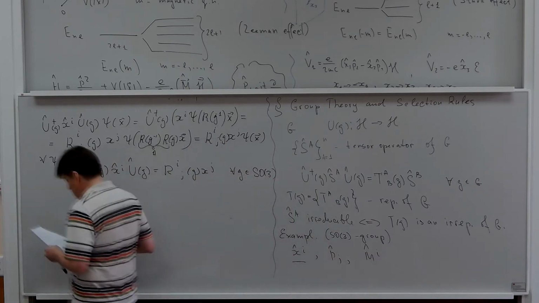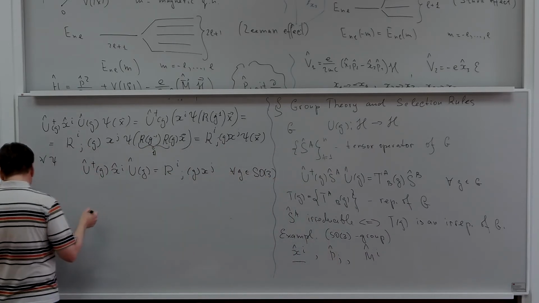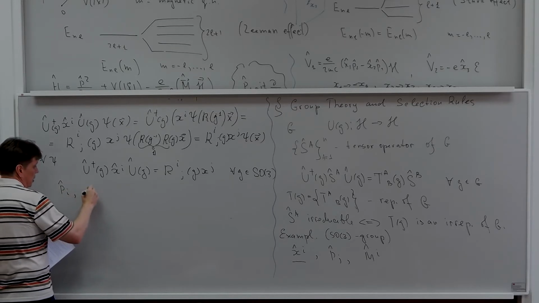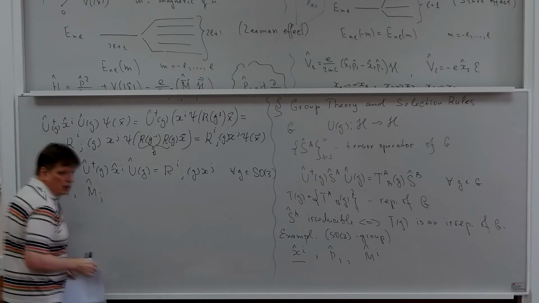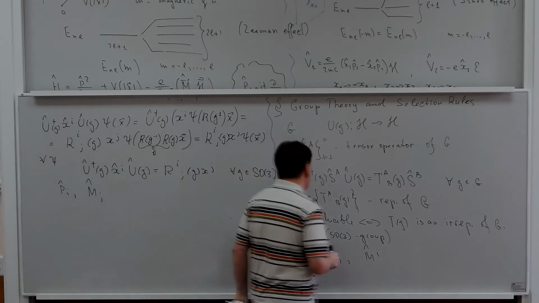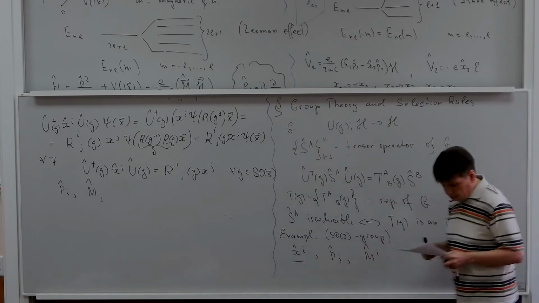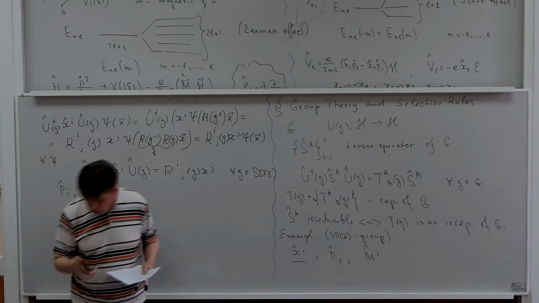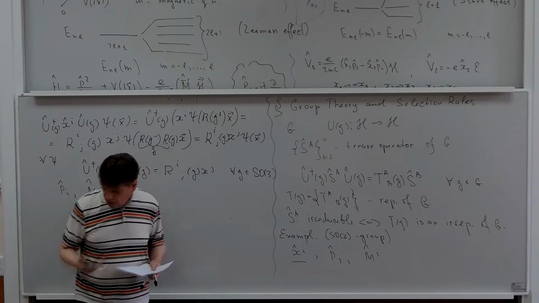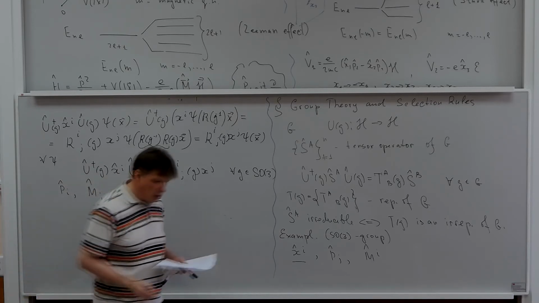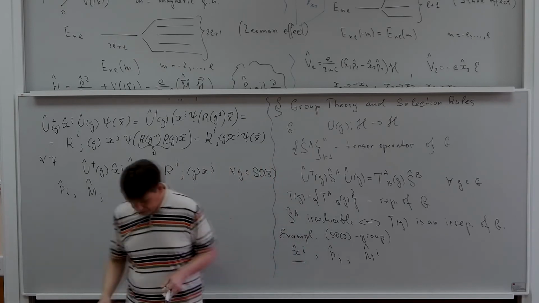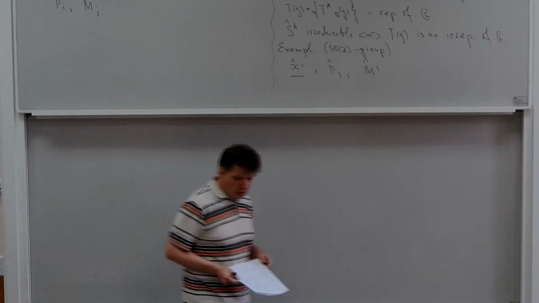And in the same way, we can check the tensor properties of the operators p and the angular momentum J. Okay. Well, I see it's time to take a 5-minute break. So break. Okay, let us resume our lecture.